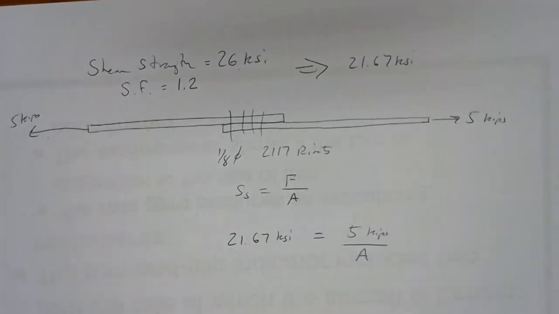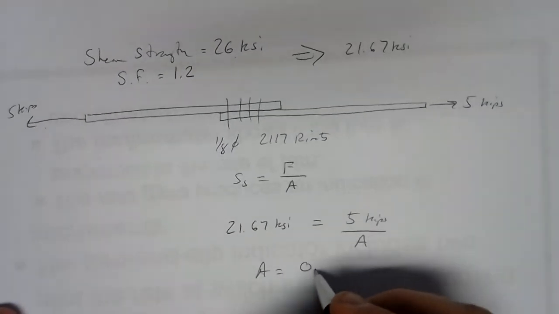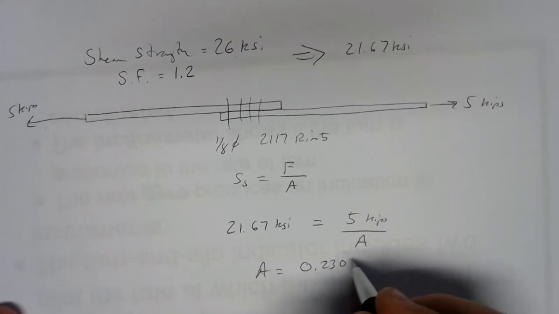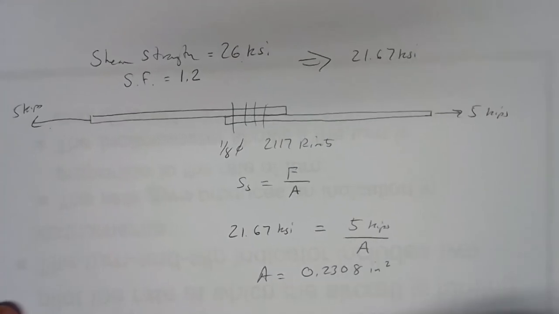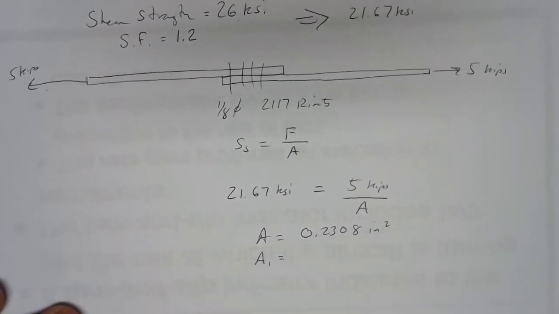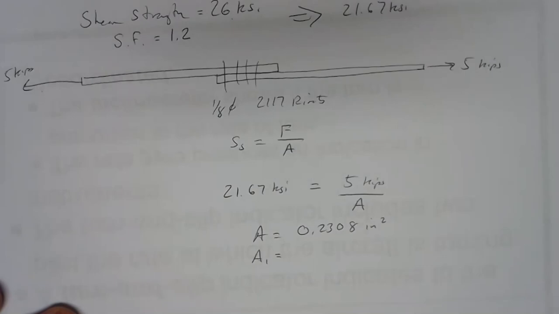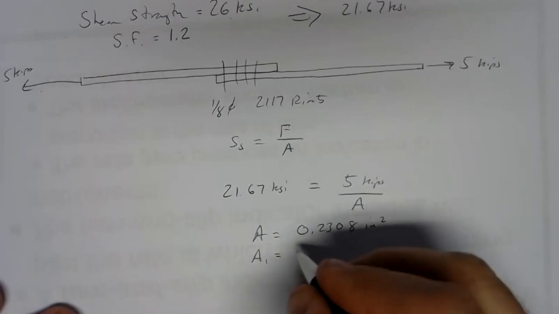So if we cross multiply and solve that, we get an area of 0.2308 square inches.